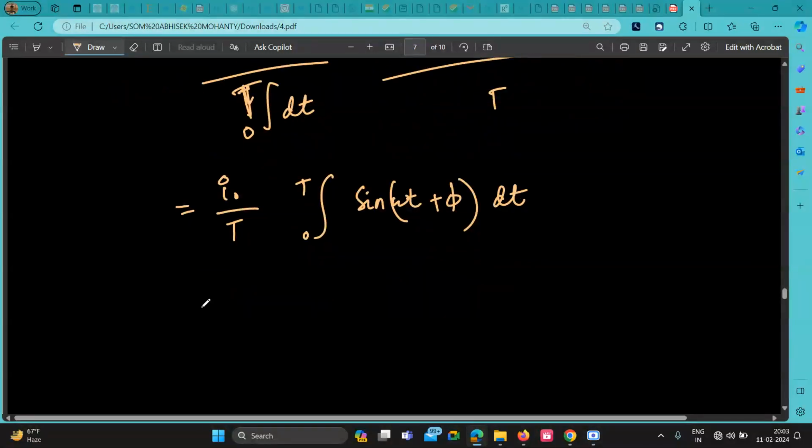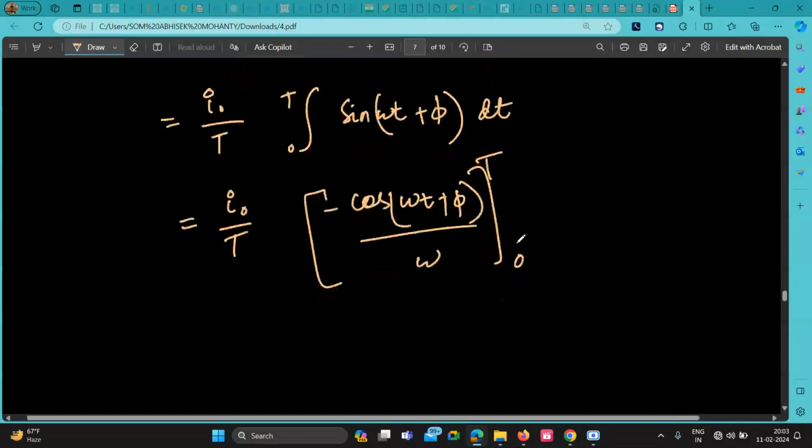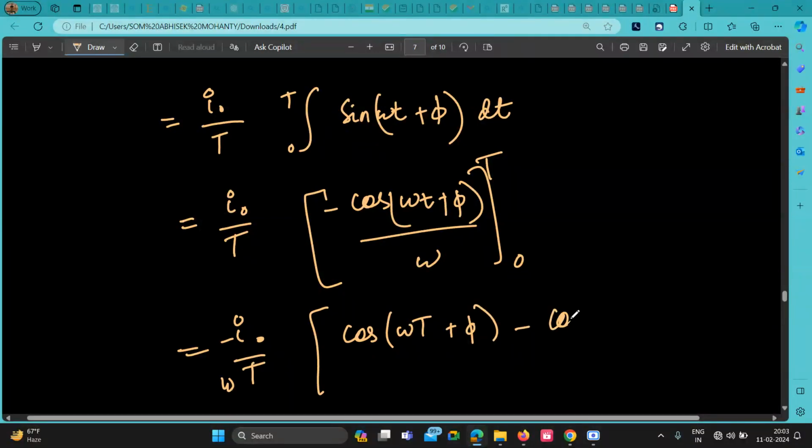Now integration of sine omega t plus phi is how much? Minus cos omega t plus phi, whole divided by omega, from 0 to T. Now put the values, take out the minus and omega: cos omega T plus phi minus cos 0 plus phi, that is cos phi.